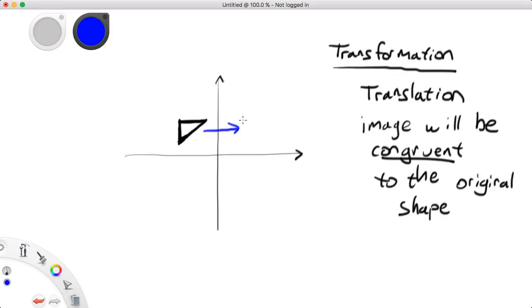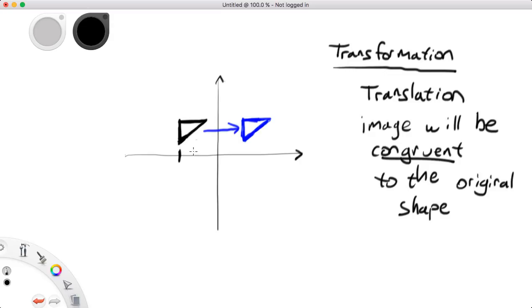And that's important. What it's basically saying is that it's as if this really existed as a real triangle in the real world, and you were able to pick it up with your hands and move it over that way. In which case you would be translating it to the right. So let's give that a try.